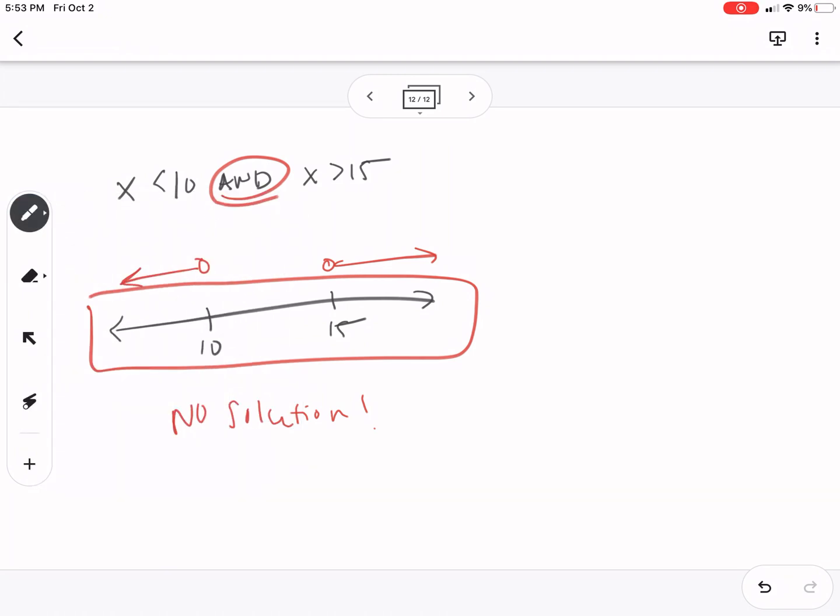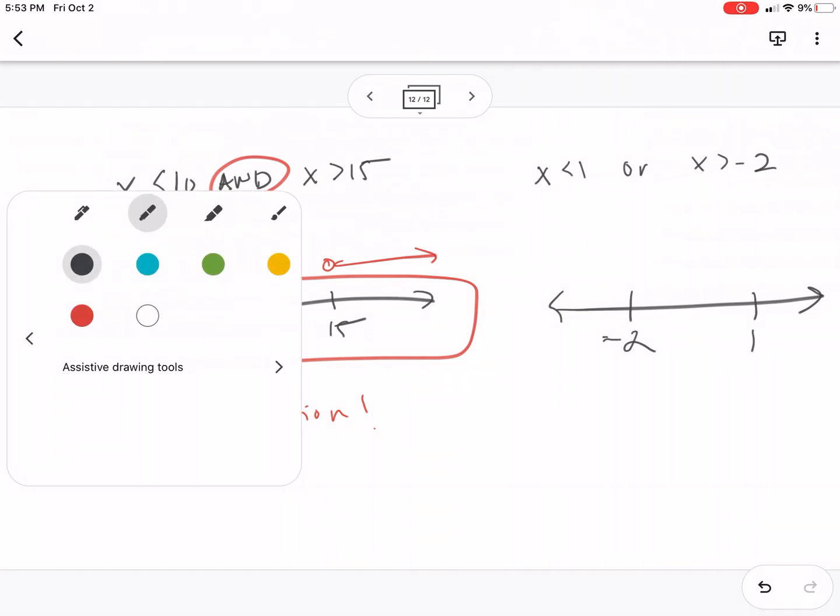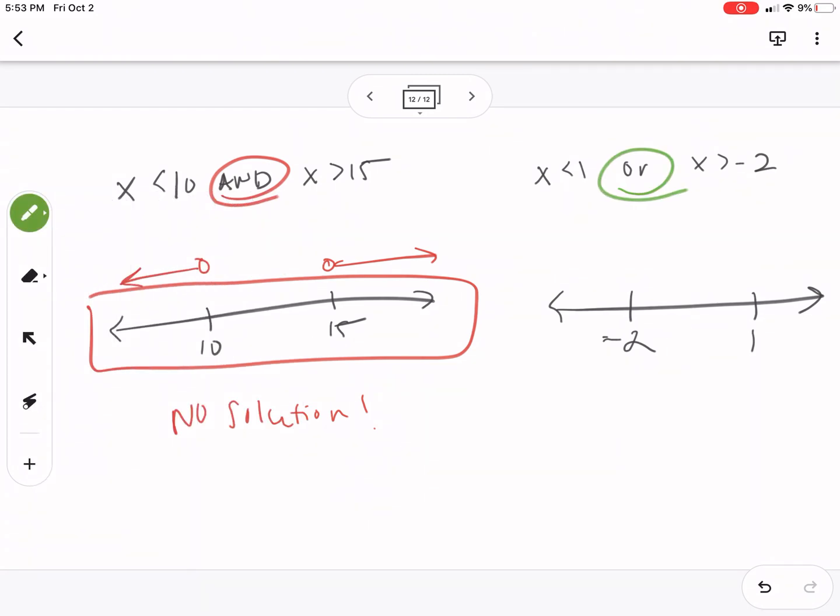So again, very important that you graph your final answers. Another possible answer you could get is like x is less than 1 or x is greater than negative 2. When you have your or problems, you graph them directly on your number line. So x is less than 1 would be shaded to the left, and x is greater than negative 2 would be shaded to the right.